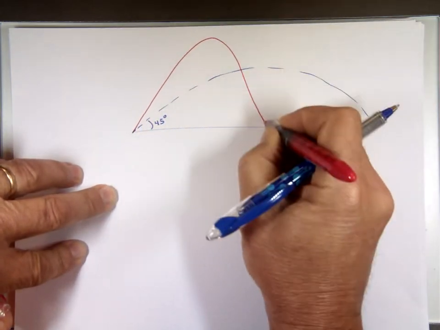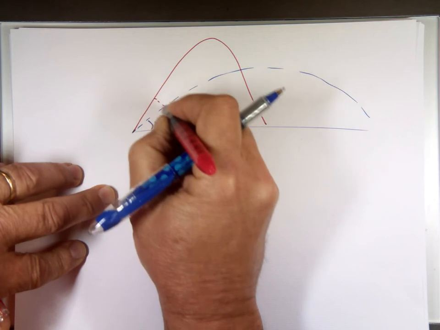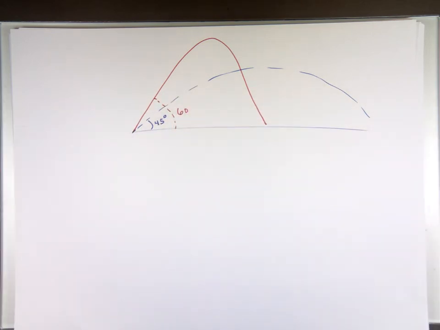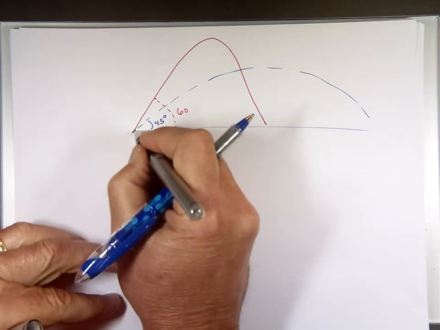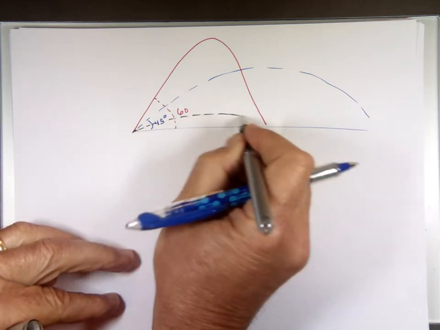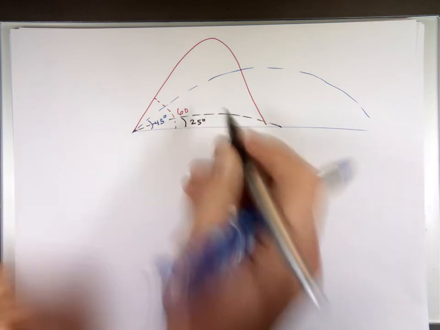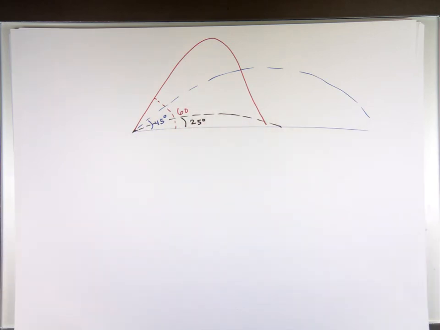It doesn't go as far as 45. Or if you top the ball, you don't hit a 45, let's say a 25-degree angle, it goes like this. So for maximum distance, you always want to hit the ball at a 45-degree angle.